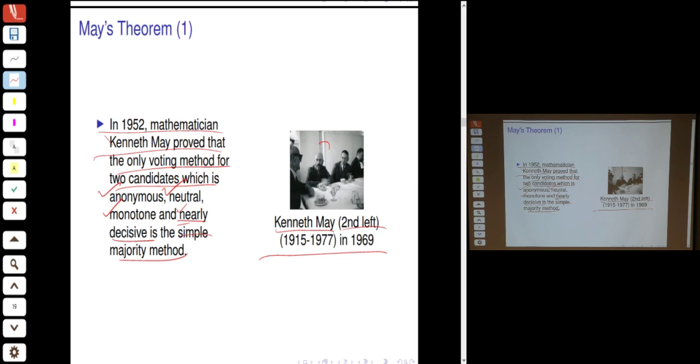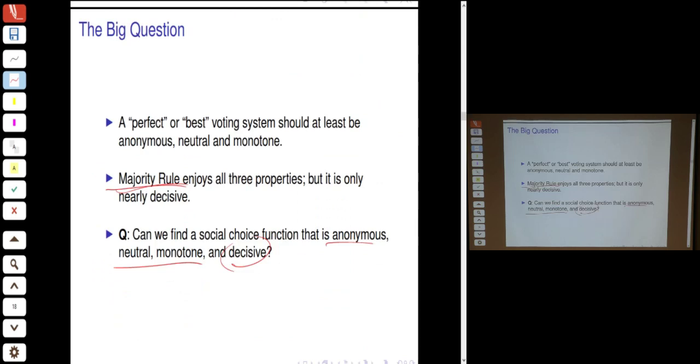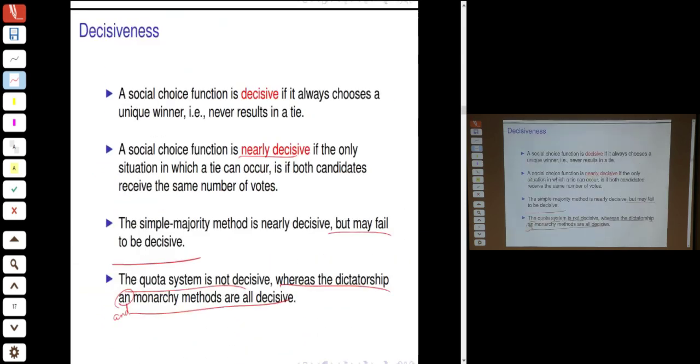Notice that if you look at the definition, a decisive method is also nearly decisive, because it always declares a winner. A nearly decisive method means that if the two candidates get the same number of votes, then there may or may not be some ambiguity. A decisive method means that there is no ambiguity under any circumstance.